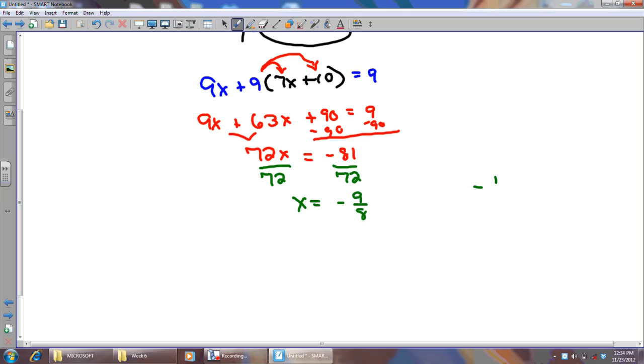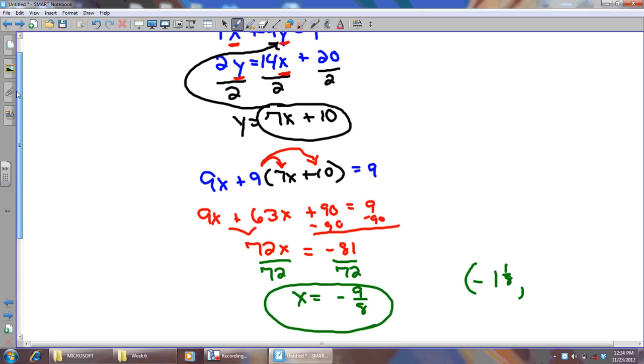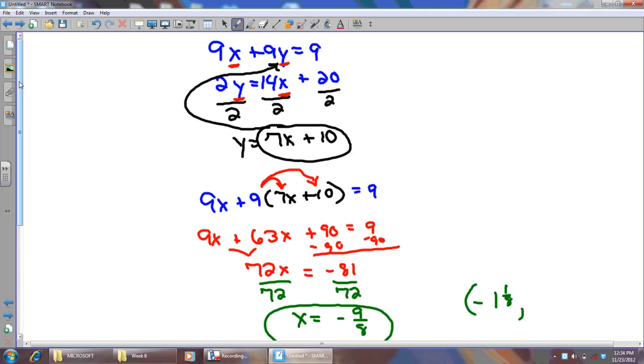You could put negative 1 and 1/8 as part of your answer, but I'm going to use this improper fraction when I go to solve for y. Okay, now I can use this equation, or I can also use this one because this is just an altered form of number 2.